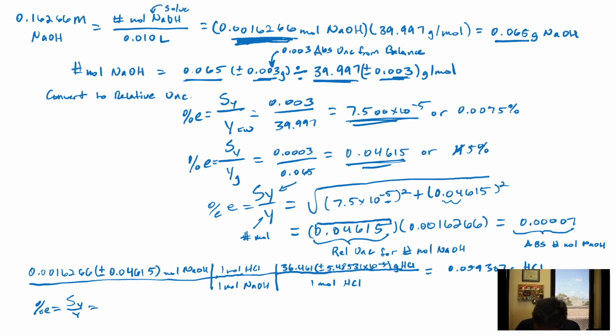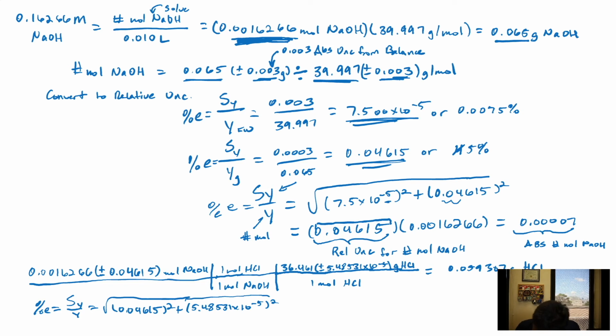Equals the square root of the relative uncertainties, with a 0.04615 squared plus the 5.48531 times 10 to the negative 5 squared.